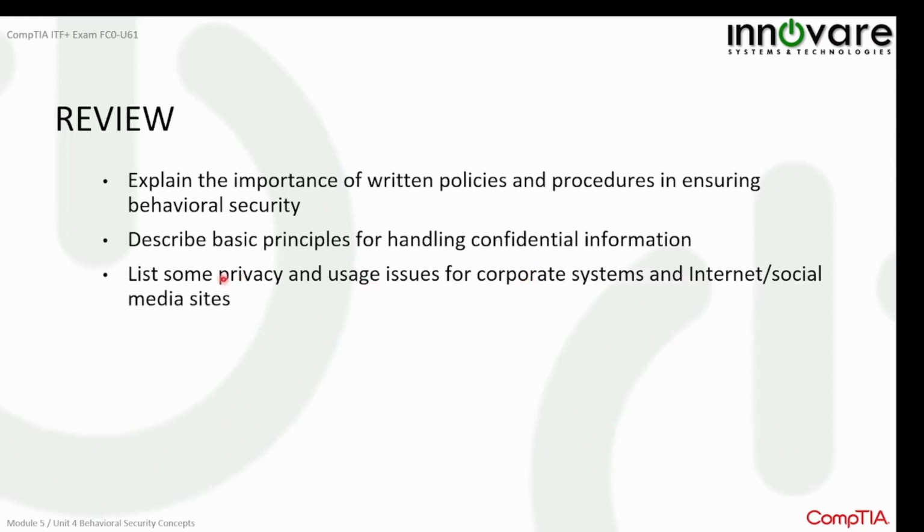Then we listed some privacy and usage issues while working on corporate systems, using equipment and facilities, and even using the internet and social media sites. There are policies and procedures, especially when it comes to privacy.